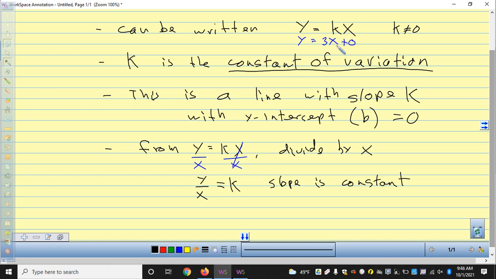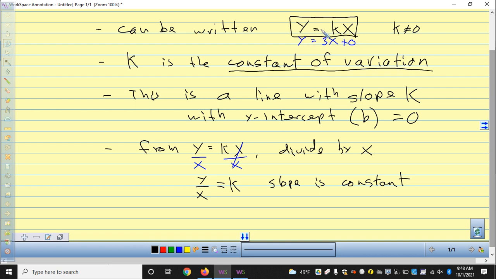Here if we divide by x, we'd get y over x is 3. The slope is 3. The rate of change is 3. The rise over the run is 3. So direct variation always looks like this. Y equals kx, where k is some constant number.